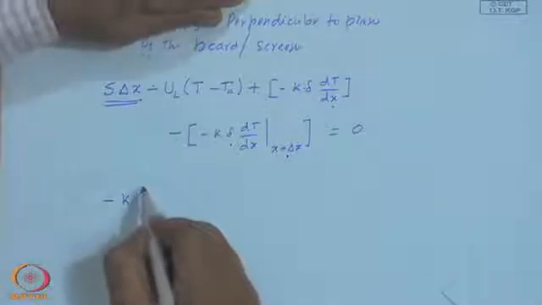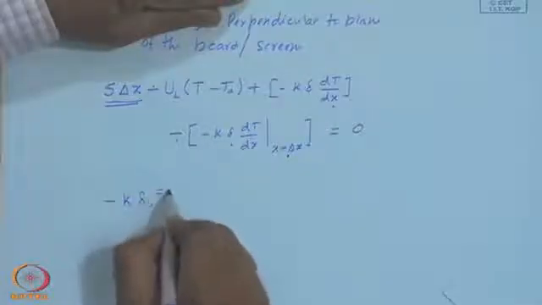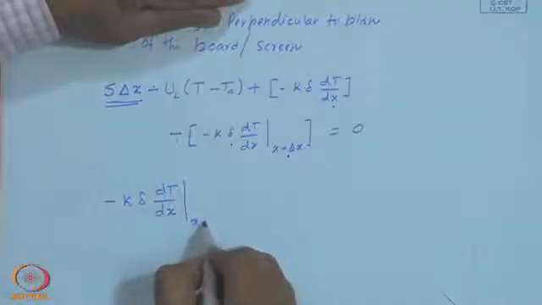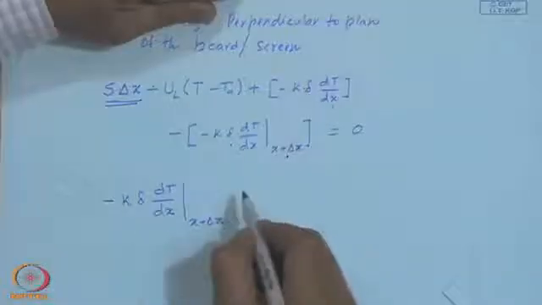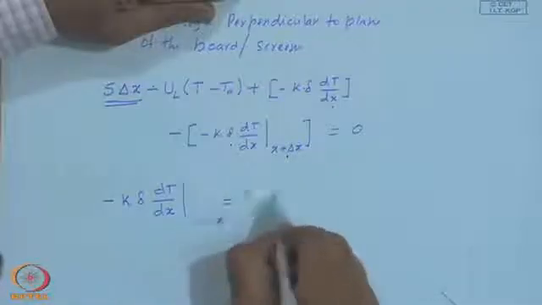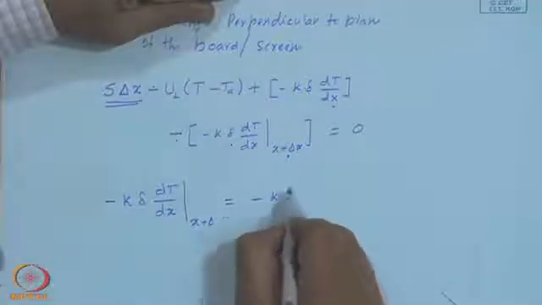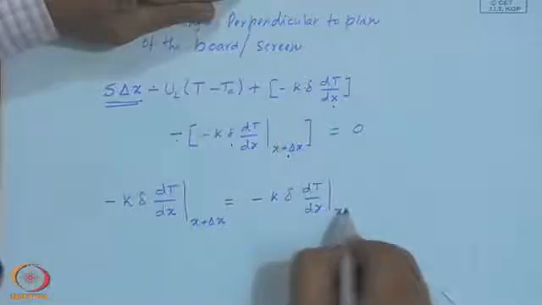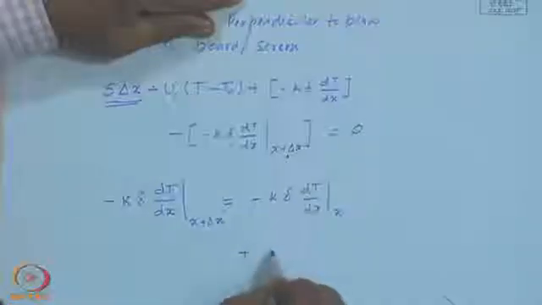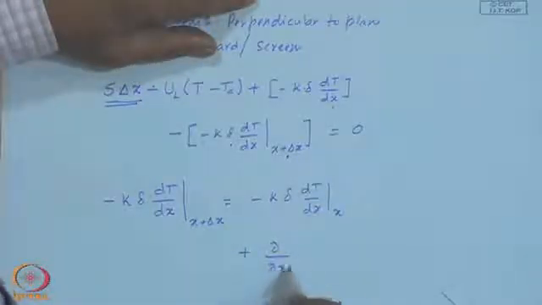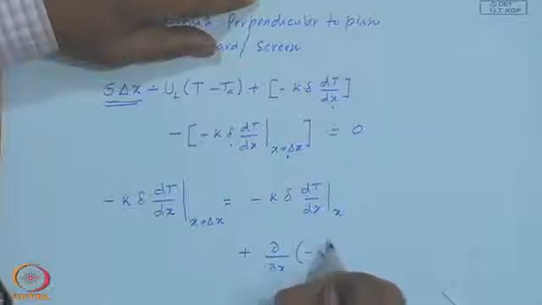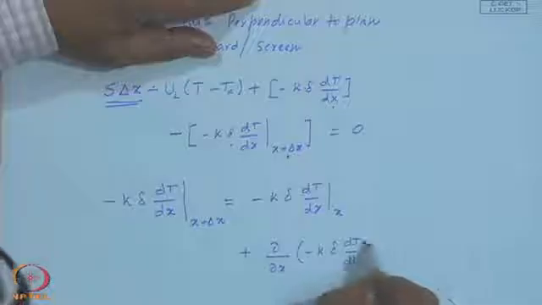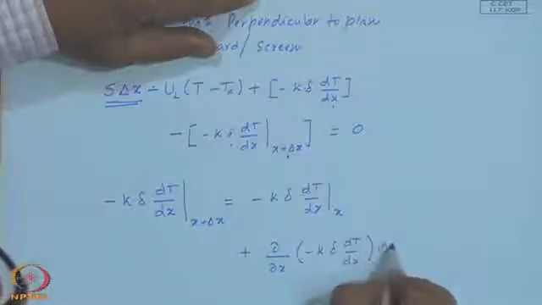Minus k delta dT/dx at x plus delta x is equal to minus k delta dT/dx at x plus d by dx of minus k delta dT/dx into delta x.